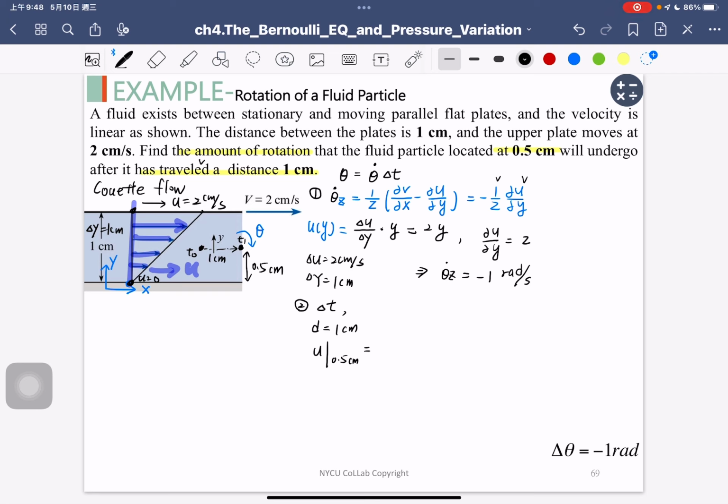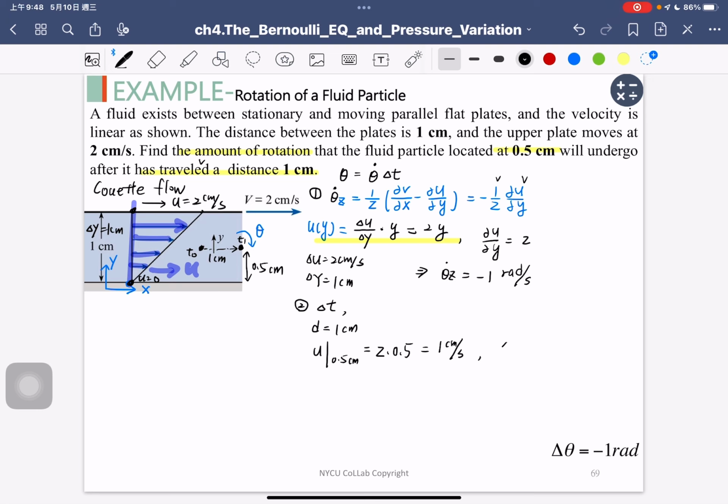As we have the u function here, which is 2 times y, so 2 multiplied by 0.5. And we know that the velocity is 1 centimeter per second at the point location of 0.5 centimeters.